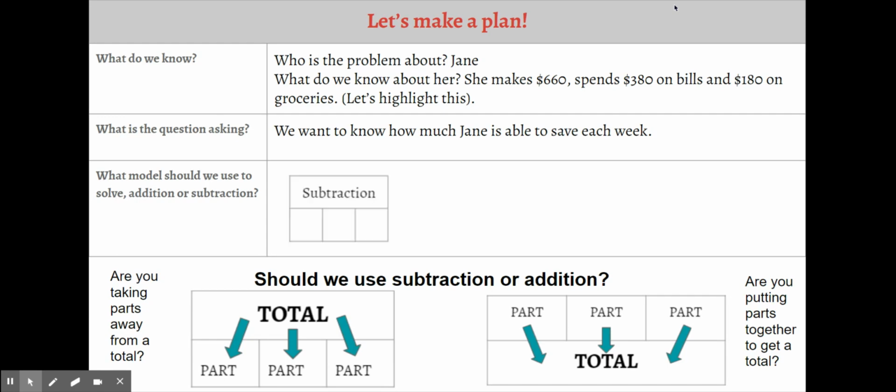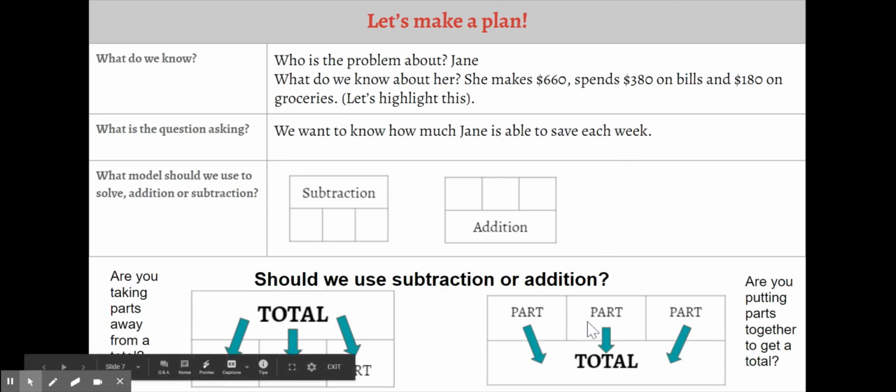So that would be subtraction, is where we're taking something away from a total, and addition would be putting parts together to get the total. So would we think in subtraction or addition?